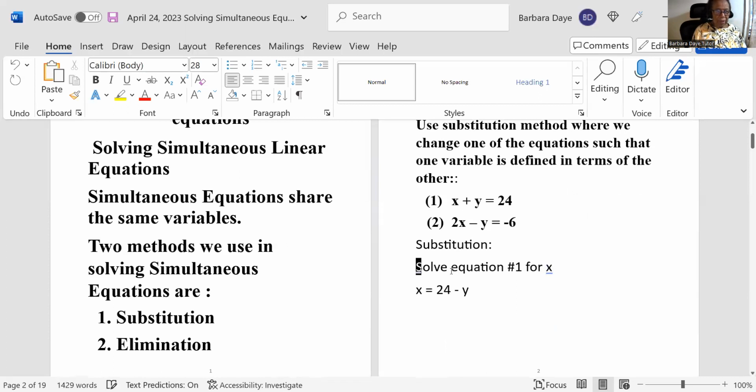Okay. And let's then go to our second step, substitute the value of x, 24 minus y, in equation number 2.